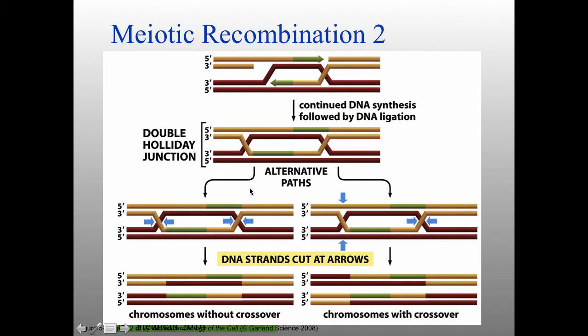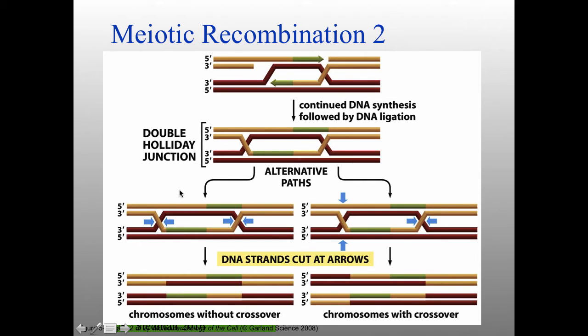And that can generate two different kinds of chromosomes here. And so the idea here is that what we started out with, we had yellow at the top and red at the bottom. Sorry about the colors here. Yellow at the top, red at the bottom.